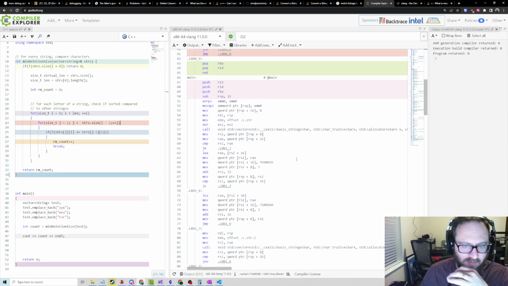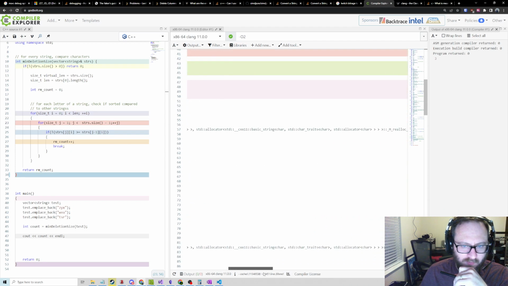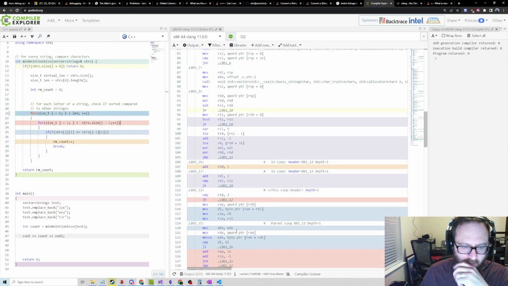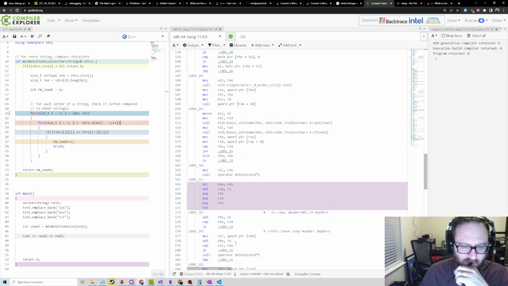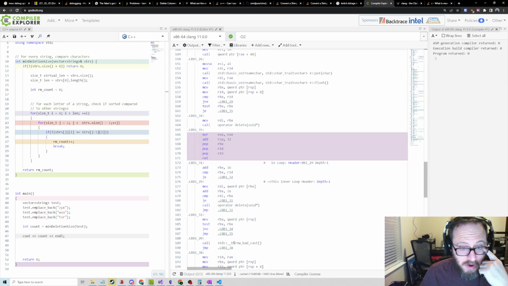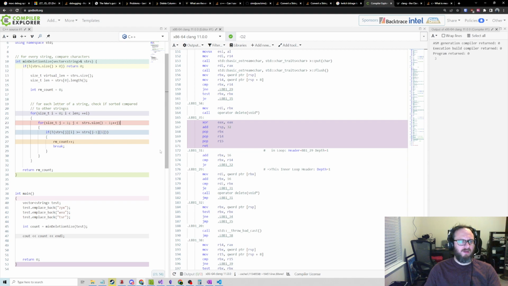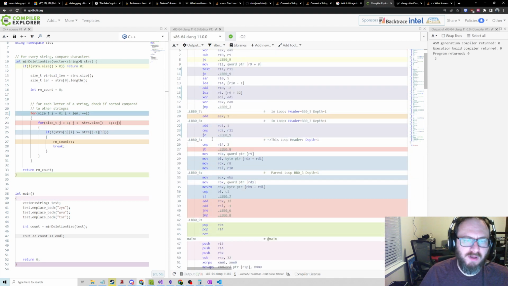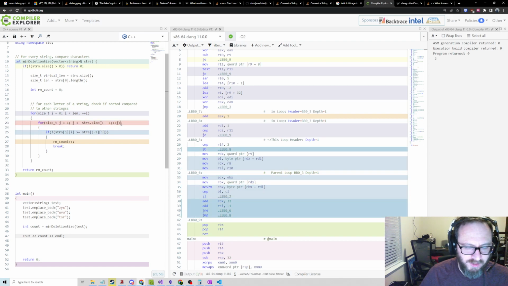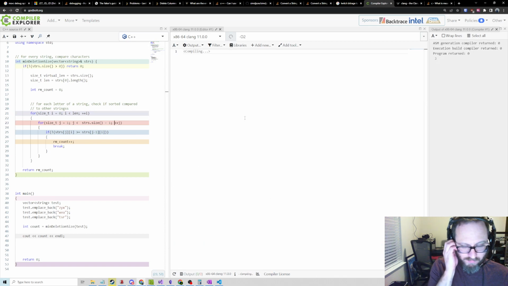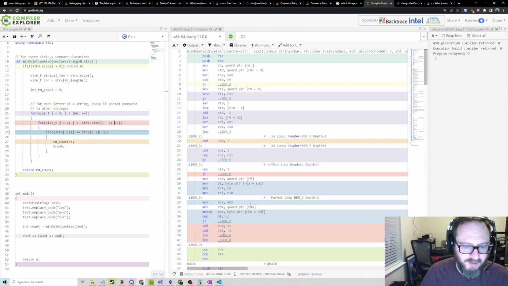The question is, if I could look at this and be like, okay, I can see that it's not calling that function anymore with our optimization compiler flag, where is the value?